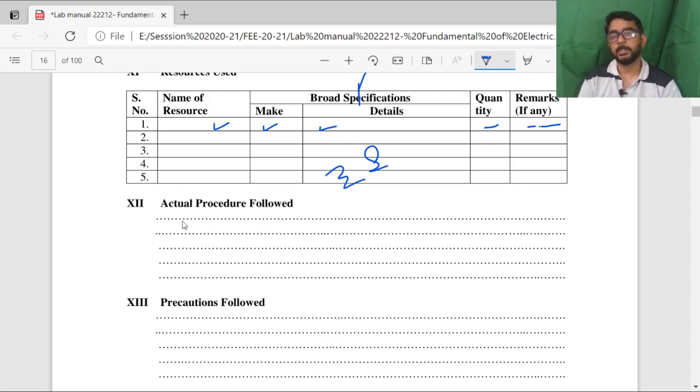So the student will write the actual procedure, such as we had taken, we have seen a DC source, like this.